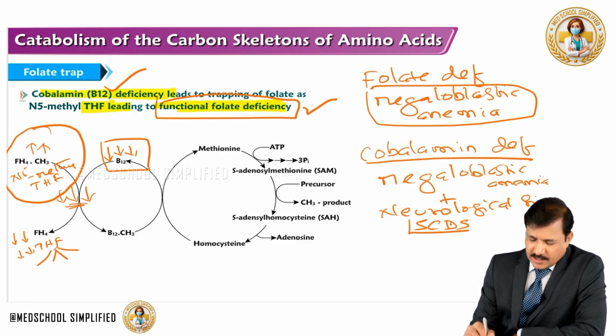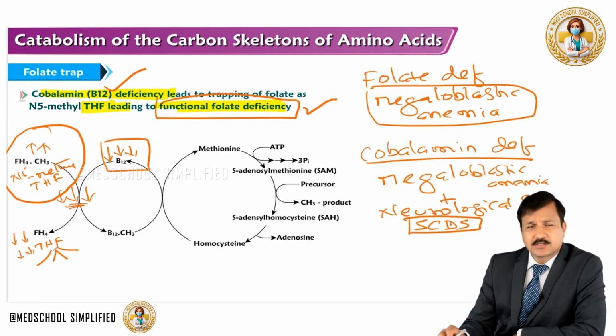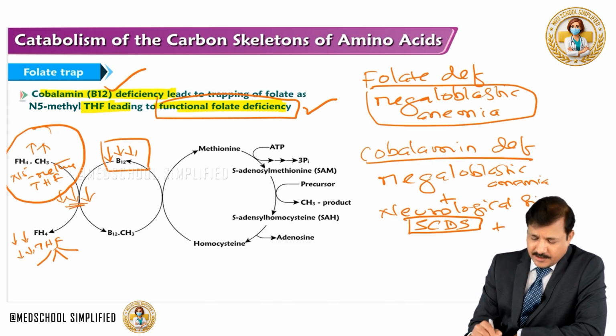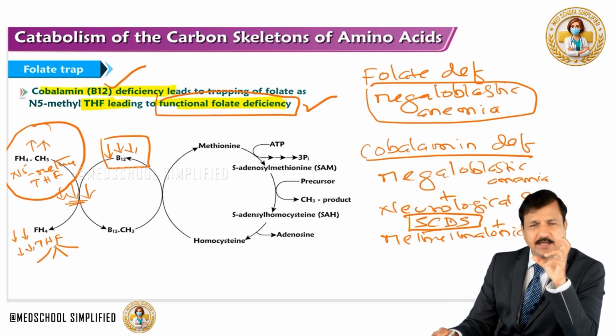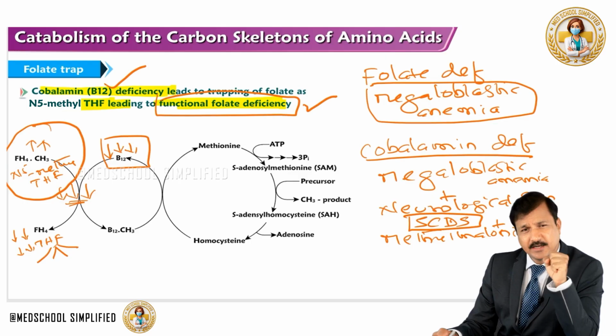So that is one of the neurological issues you are going to see in cobalamin deficiency, and also patients will show elevated methylmalonate or methylmalonic acidemia. So in cobalamin deficiency, you are going to see neurological issues and metabolic acidosis because of methylmalonic acidemia.